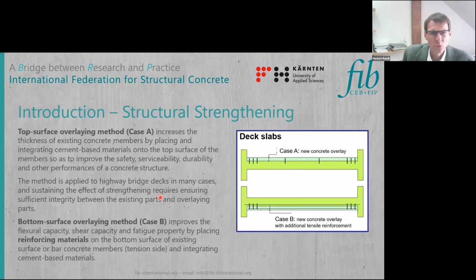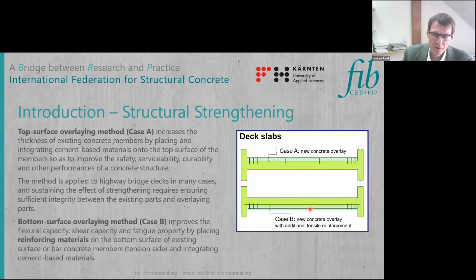There are in general two basic methods. One is the top surface overlaying method, meaning increase of the thickness of a concrete member. So the main effect here is that we increase the effective depth of such concrete member.